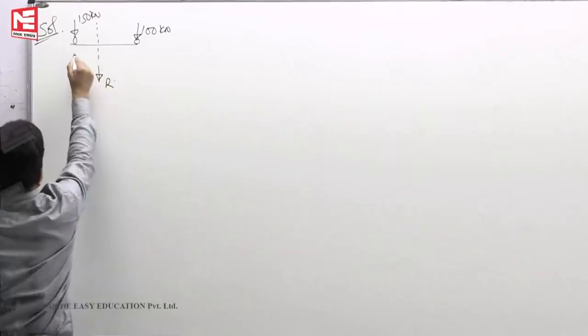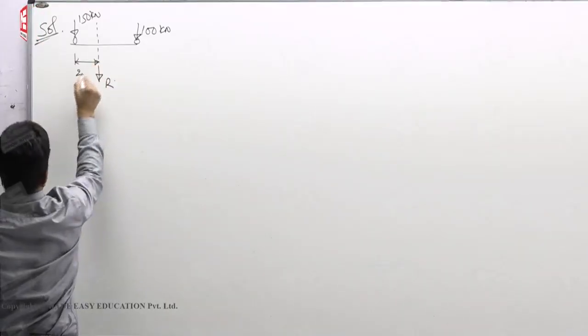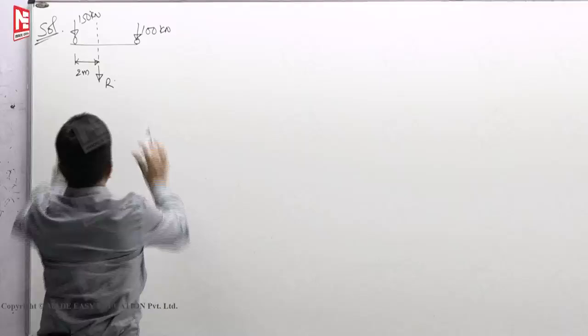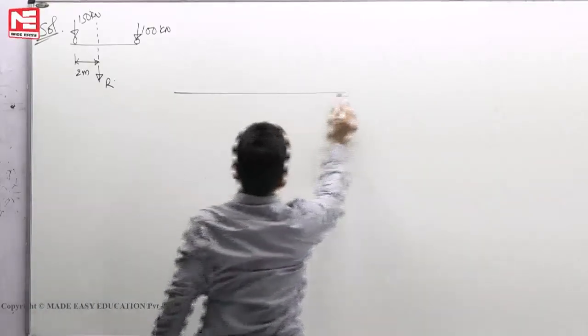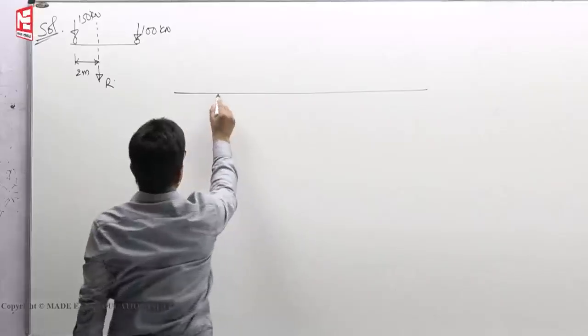The resultant is acting at a distance of 2 meters. Now this system must be kept on the beam like this.